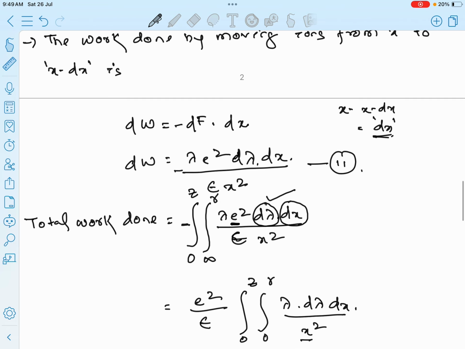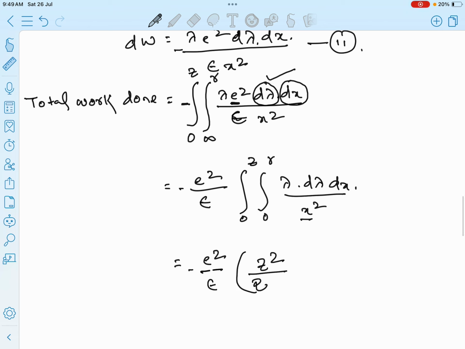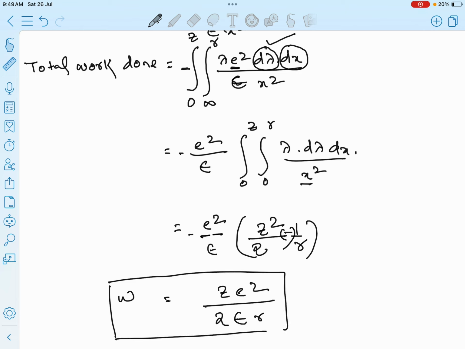The negative sign signifies the distance is decreasing between the ions, and we will put the upper limit minus lower limit, and at last we will come back to this expression, multiplied by a negative sign, and that is equivalent to z square e square by 2 epsilon r. This is the total work done. Let us consider this to be equation number 3.